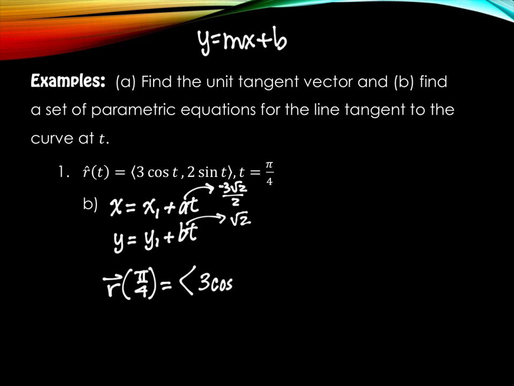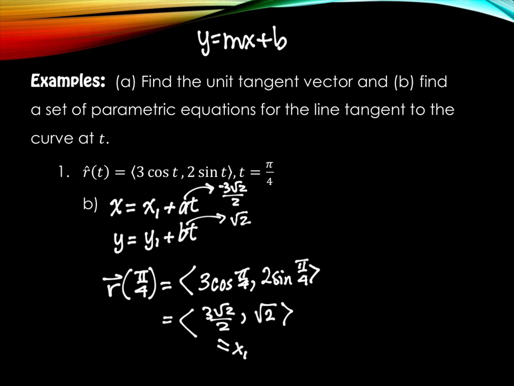So 3 cosine of pi over 4 and 2 sine of pi over 4. All right, so we already did cosine pi over 4 and sine pi over 4. Those are the square root 2 over 2's. So this one is 3 square root 2 over 2. And this one ends up actually giving us another square root 2. Okay, all good? Okay, so these values are x1 and y1.